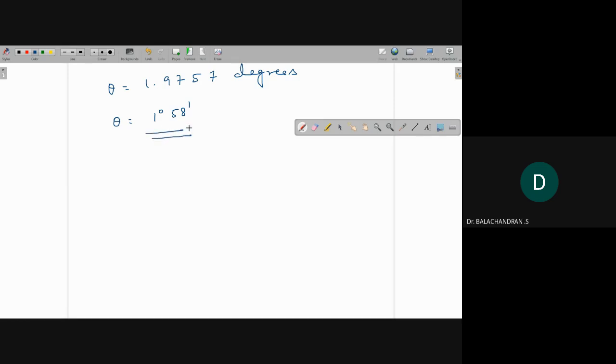I think in your calculator it is on the left hand side, below the square root, you can see a degree and 3 quotations. You should press that button. So this is approximately theta.